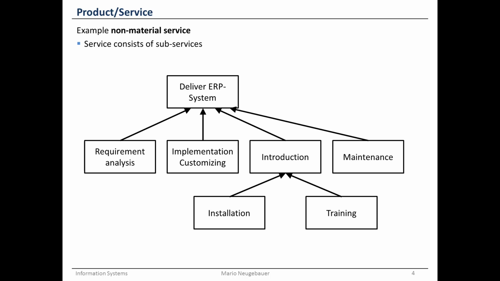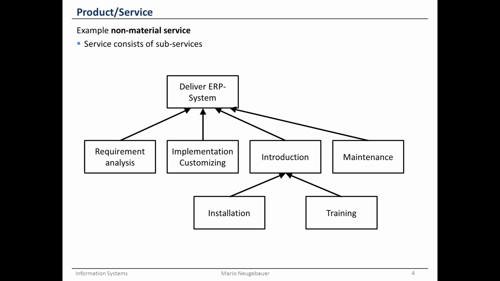If you deliver an ERP system, actually this consists of many different steps, which are of non-material type. The first step would be that you do a requirement analysis. This is actually something you do with ARIS House. You look at the company, the processes, and the needs of the users, and therewith you perform the requirement analysis. And this is something where you produce documents.